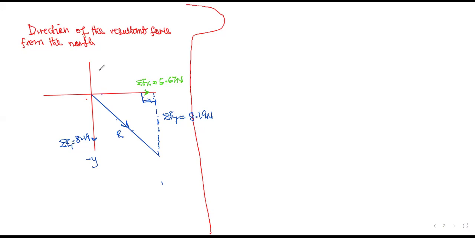Therefore, let's find this angle first. Let's assume this is alpha. When we take the tangent of alpha, we have opposite, which is the summation of Fy, over the summation of Fx.